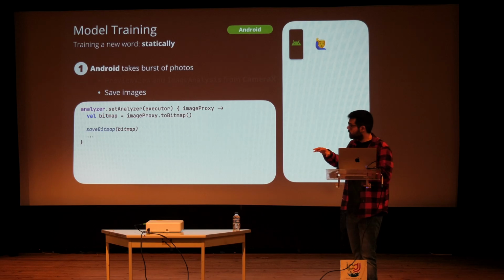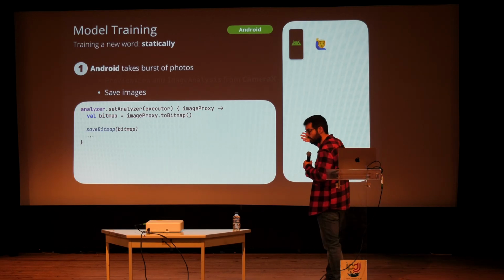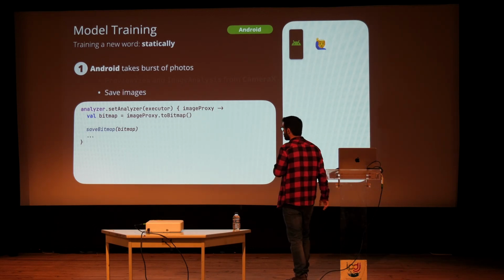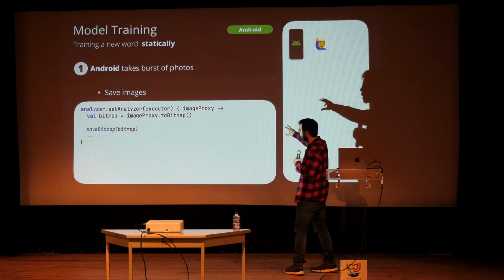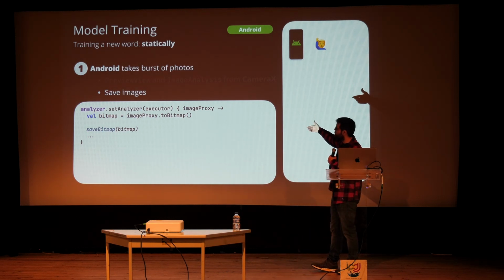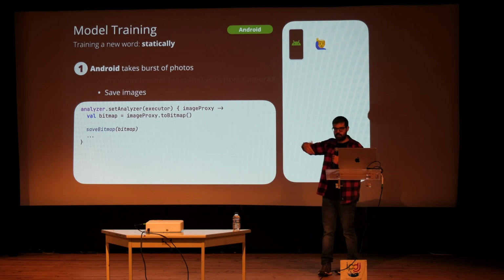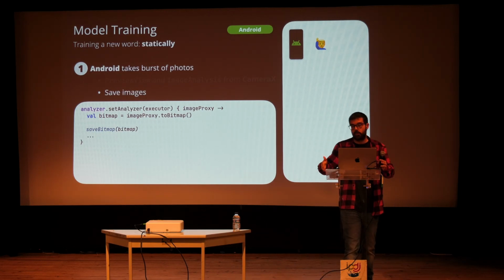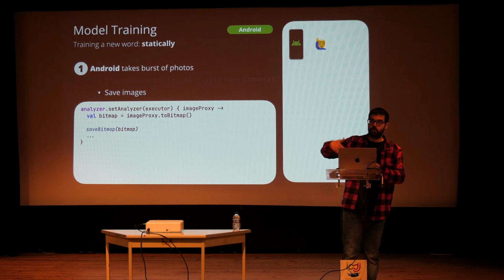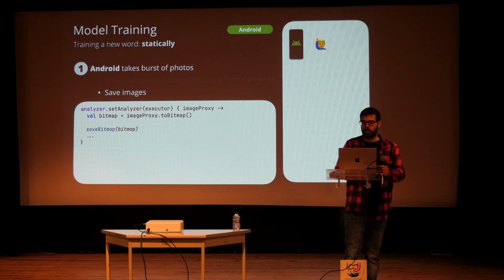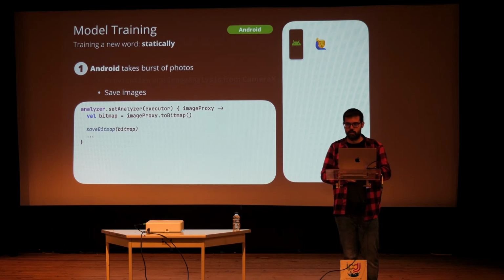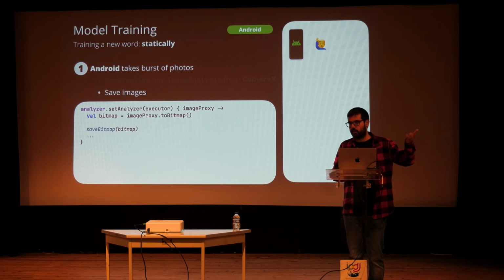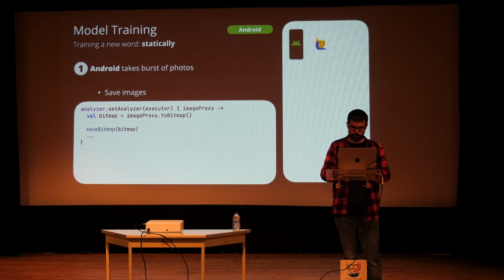And what happens is, on the static approach, when we want to use MediaPipe, when a frame is received, basically we're going to save it as a bitmap, and we're going to record 50 frames, 50 bitmaps that we're going to use to train a model. Basically I just need to click a button, it's going to fire 50 times, and I'm going to use that data set to train the letter A or B or C or whatever.